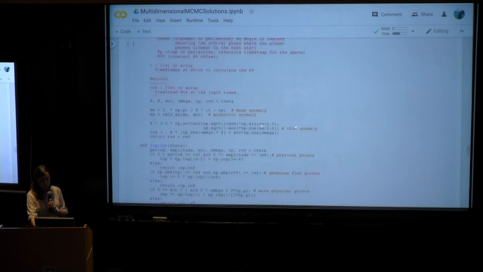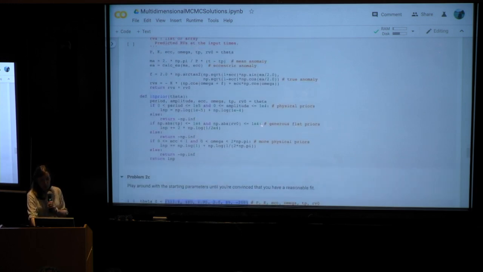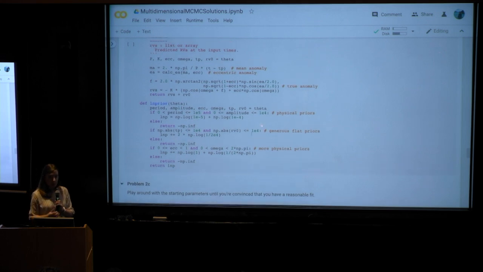When we write the priors, which we'll do down here, there is a physical prior on omega, which is that it should be between 0 and 2 pi or between negative pi and pi. But we know that it should kind of wrap around from that, and it's hard to give a flat prior that does that.